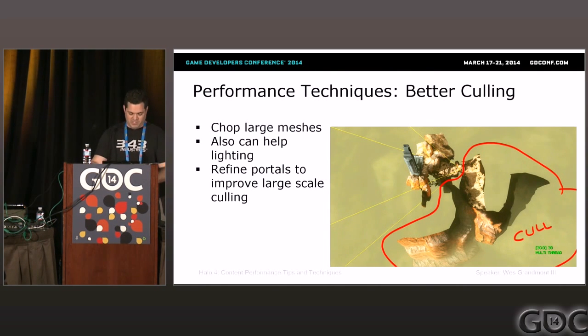We were having some performance issues, and it turned out it was exactly this big mesh problem. When we went into the render freeze, you could see that we had this entire giant terrain mesh. And this was actually a problem at a couple of different spots on this mission. Like I've just said, chopping it up solved the problem. It also had the added byproduct of giving us a little bit better management over our light maps.